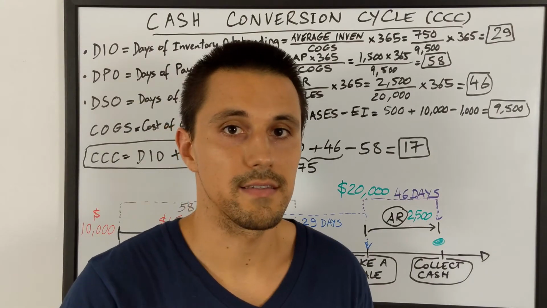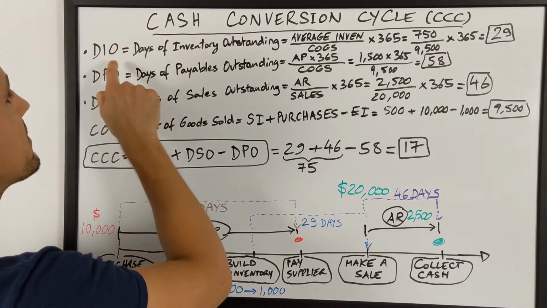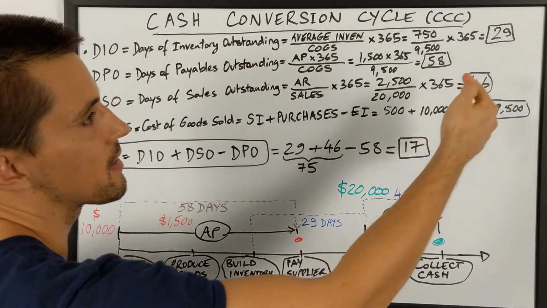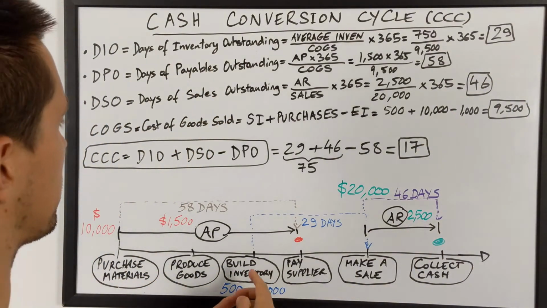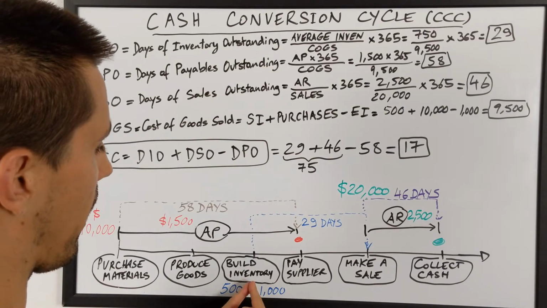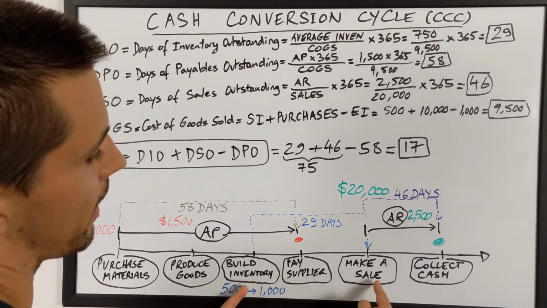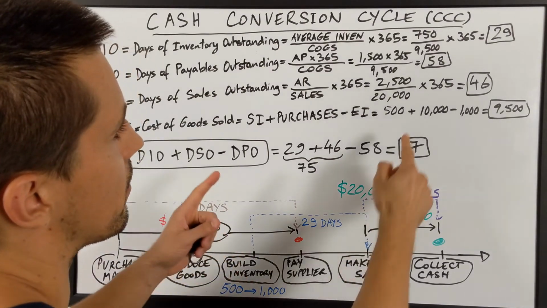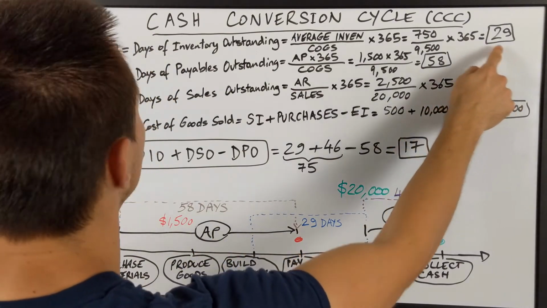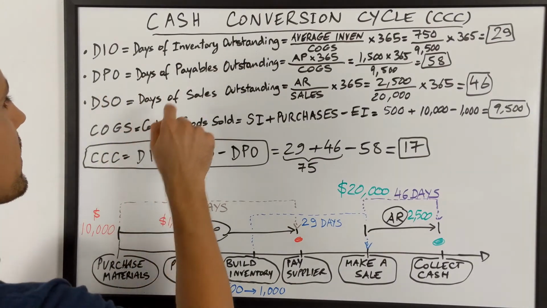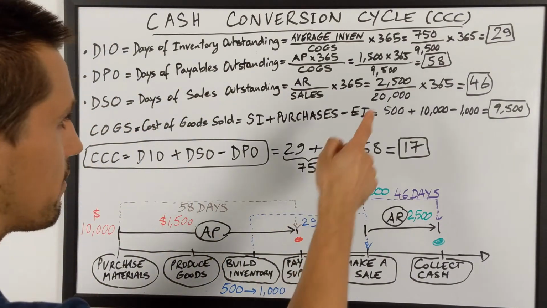Well, let's start with the top. First of all, DIO, days of inventory outstanding of 29. Let's look back at the definition. It means that between I've built my inventory and I made my sale, 29 days happened. This is the interpretation of 29. Second one, days of payables outstanding, 58.